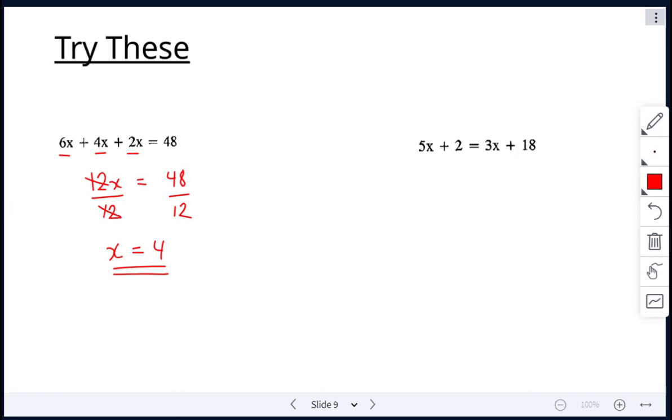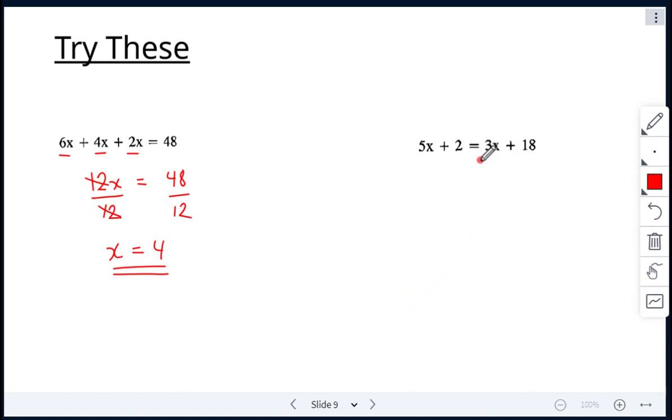So for this next question, we have 5x plus 2 equals 3x plus 18. So we have x on the left side and we have x on the right side. So for this question, we need to bring this 3x over the equal sign to the left-hand side. Because we're crossing the equal sign, we have to do the opposite operation.